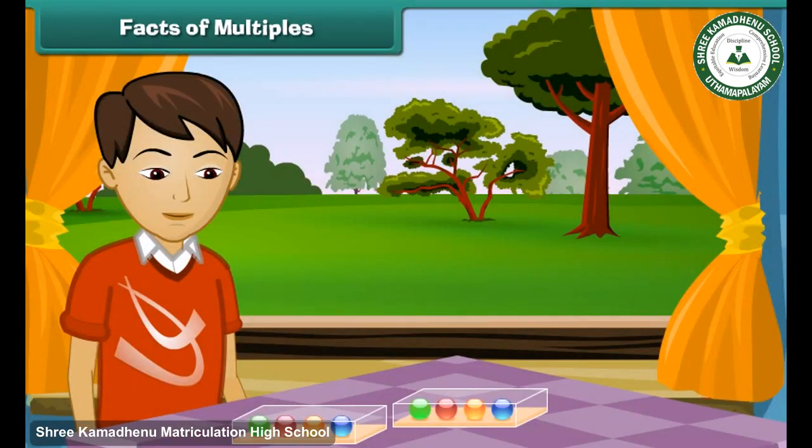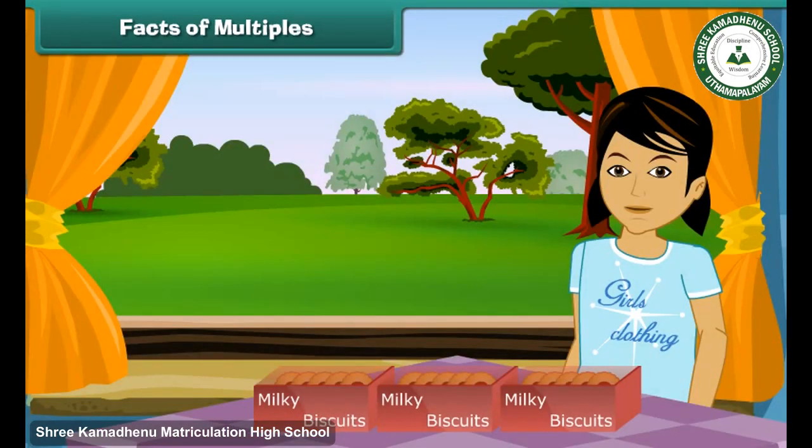Ved buys another box of 4 marbles. He expresses the total number of marbles as 4 multiplied by 2 is equal to 8. Prerna buys 2 more packets of 5 biscuits each. She expresses the total number of biscuits as 5 multiplied by 3 is equal to 15.